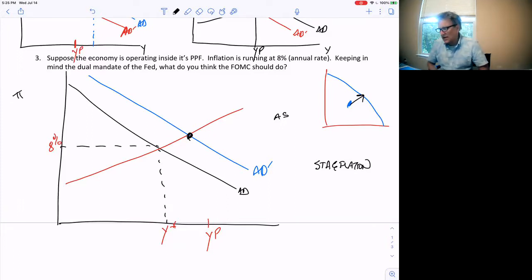So most likely here, the Fed would probably loosen up a little bit, become a little more accommodative, increase aggregate demand, even though that makes the inflation rate higher, and then worry about the inflation rate later. Wait till the economy's recovered, we're out of recession, we're back to potential, then start trying to decrease the money supply and decrease aggregate demand slowly over time and work on reducing the inflation rate.